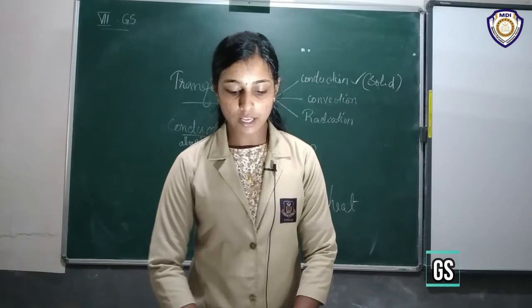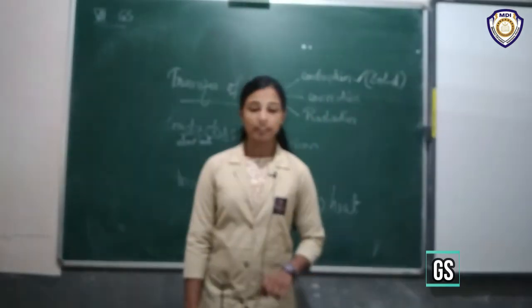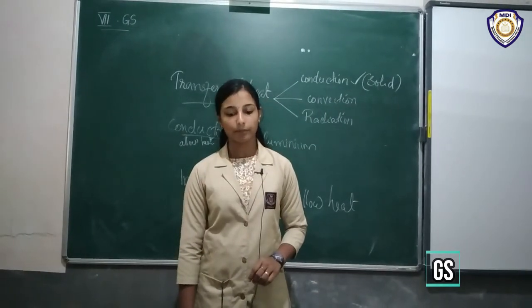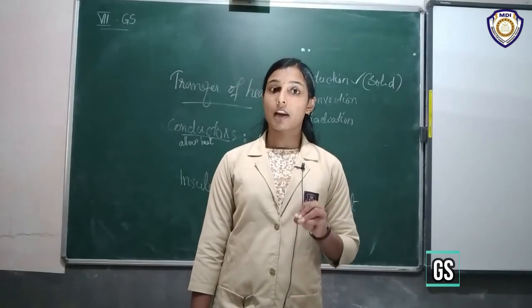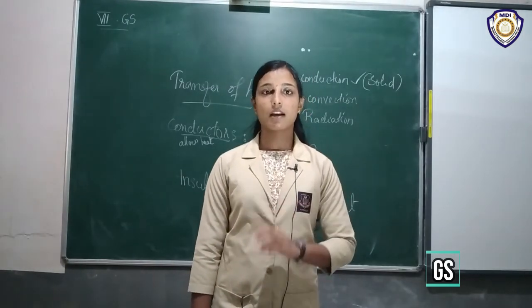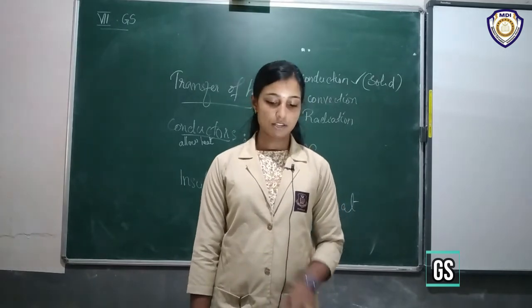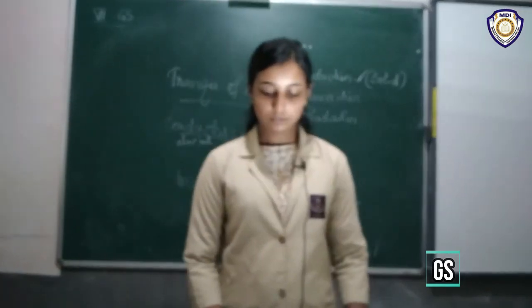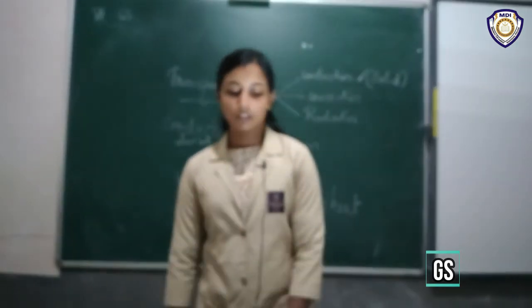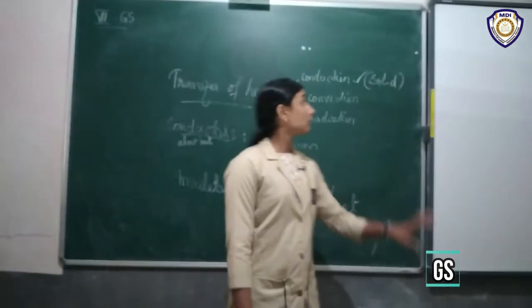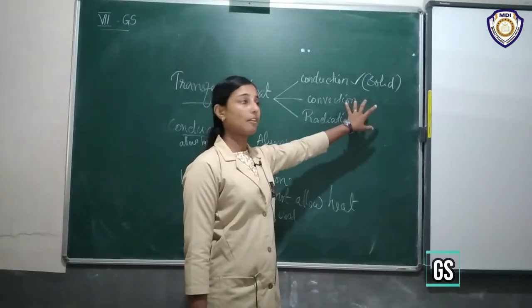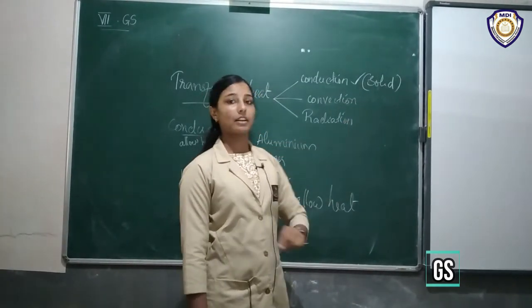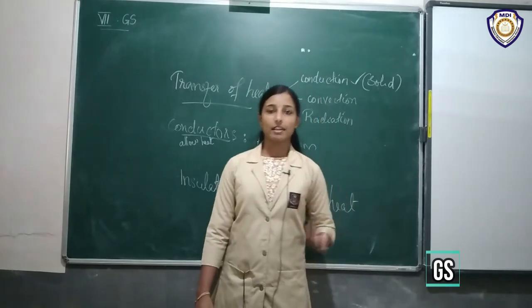Okay, so hope you understand what is conduction, what are conductors and what are insulators. We also have to study convection and radiation. That we will study in the next class.